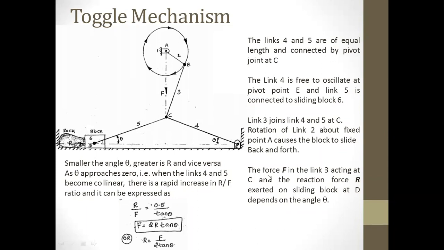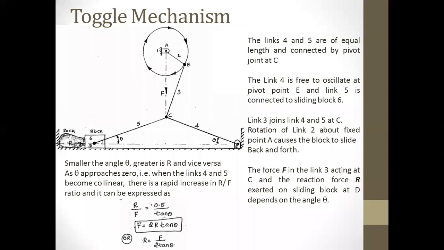The force F in link number 3, acting vertically at point C, and the reaction force R depend on the angle theta. The force F applied through point C and the reaction force R by the rock on the block D depend upon the angle theta. If you make the angle theta smaller, the reaction force R is greater.